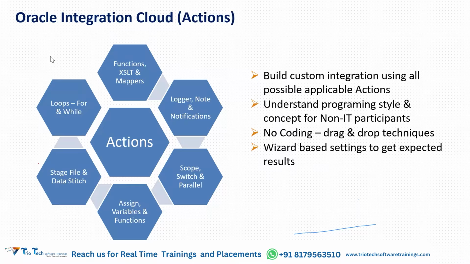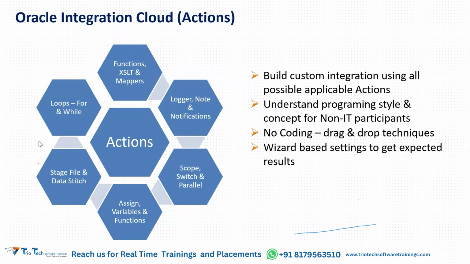Okay. Then the different sort of actions that are available in OIC, learning those actions, we will be creating several programs, several integrations, starting from the hello world integration to complex integrations, where we will be creating a BIP report in Fusion, calling that BIP report through some sort of web services, getting the data from Fusion, transforming the data into an appropriate format, and sending the data into some sort of custom database.